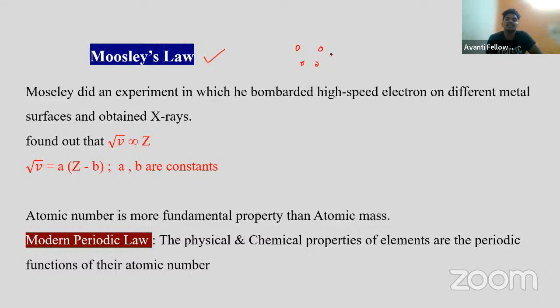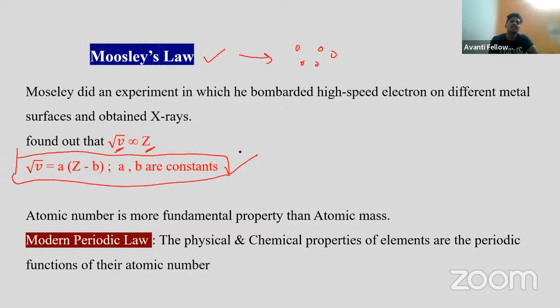So what Moseley is suggesting is that he took certain elements and passed X-rays over them, and he got to know that the frequency is directly proportional to the atomic number. Based upon that he gave the equation, which is also called Moseley's equation. Very, very most important, guys.